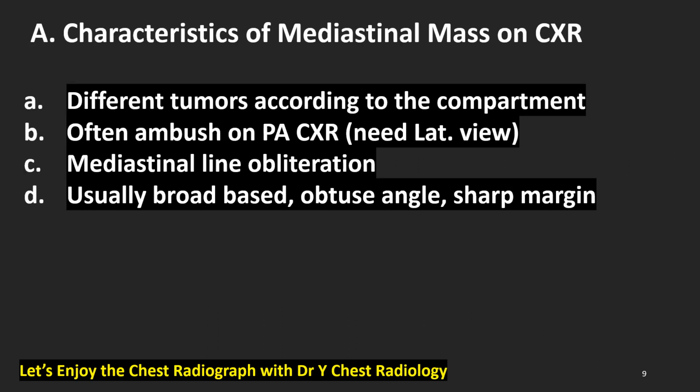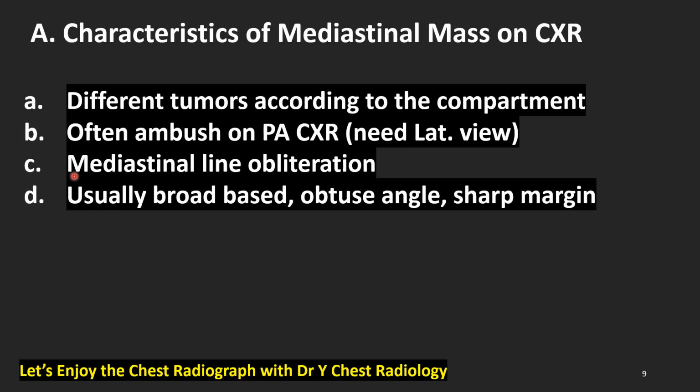There are some characteristics of mediastinal tumor masses on chest radiograph. First, different tumors occur according to the different compartment. Second, mediastinal tumors often ambush on chest frontal PA radiographs, so we sometimes need a lateral view.